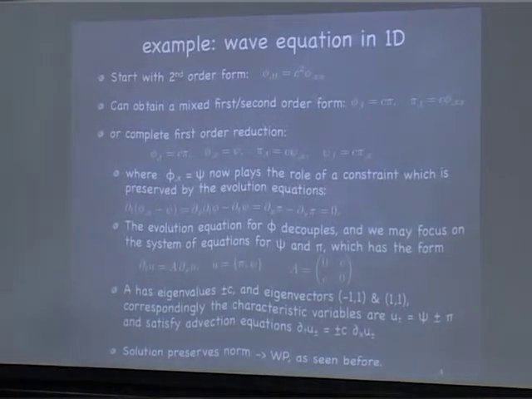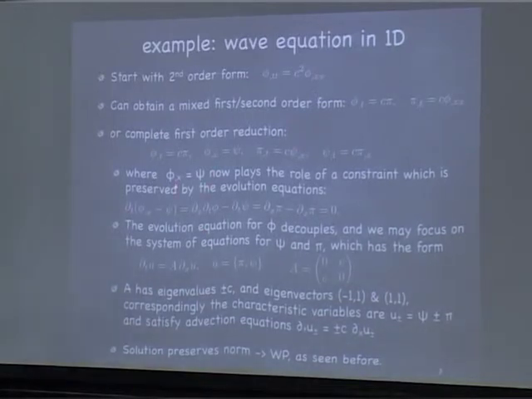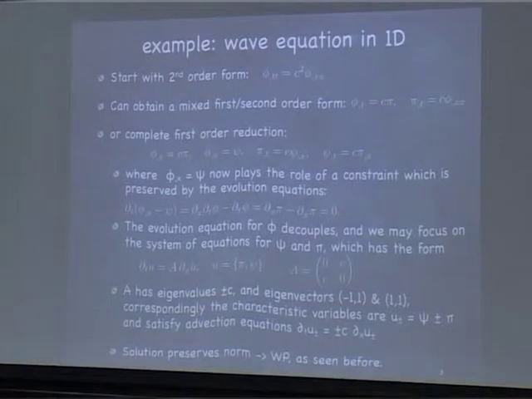Because if now we evolve phi and pi and psi, we can find, because there's numerical error, that during the evolution, if you evaluate phi comma x numerically, it's not going to be the same as psi anymore, because there's some error. So for the true solution the constraint is satisfied, but for the numerical one not.